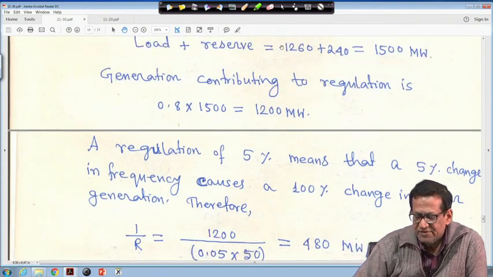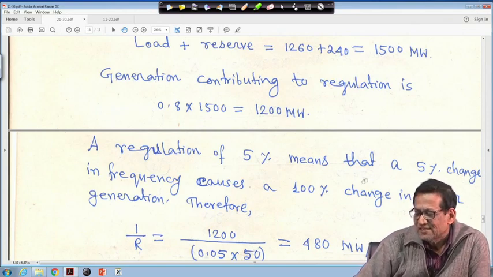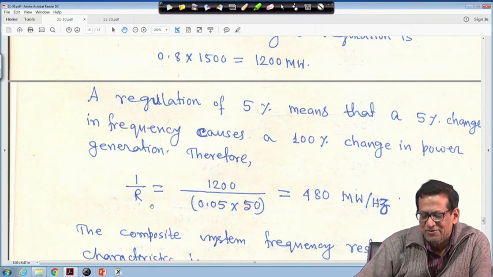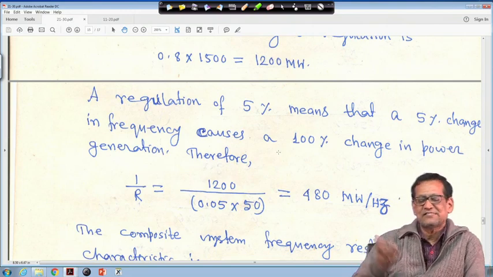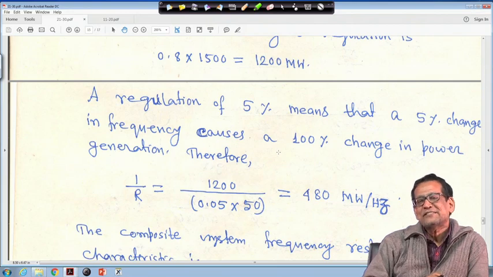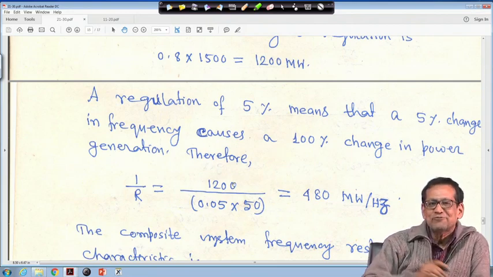A regulation of 5% means that a 5% change in frequency causes 100% change in power generation, right. Therefore, we can find R. So, 1 upon R is 1200 megawatt divided by 5% change in frequency. 100% means 1200, that is why we have written 1200.